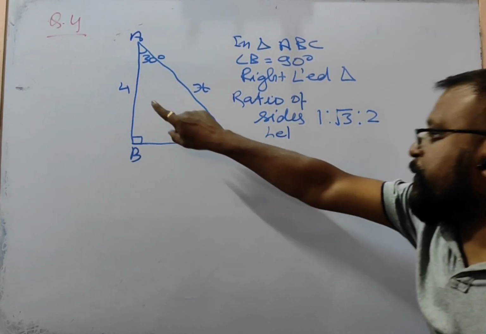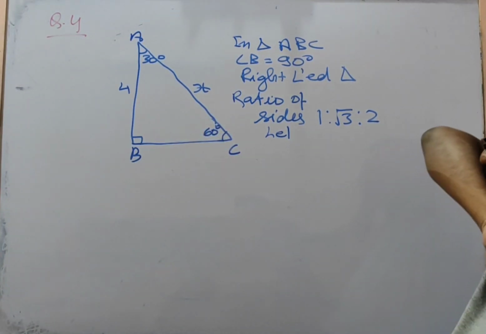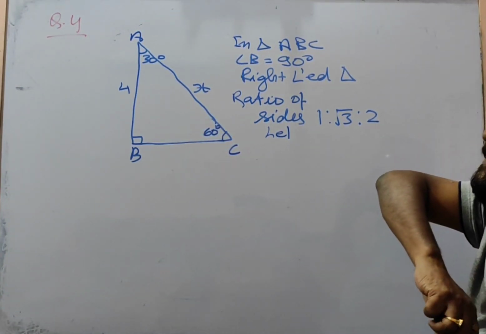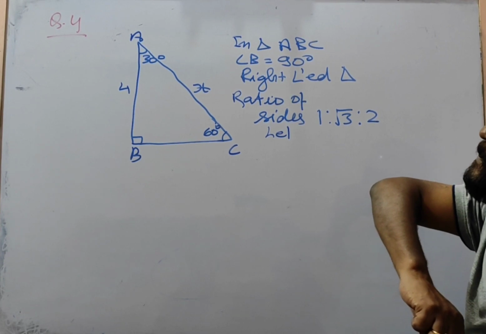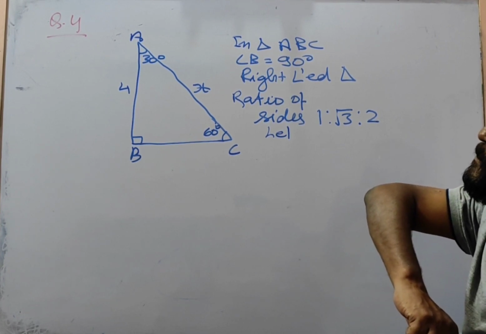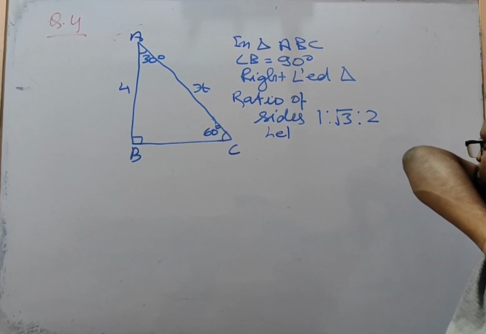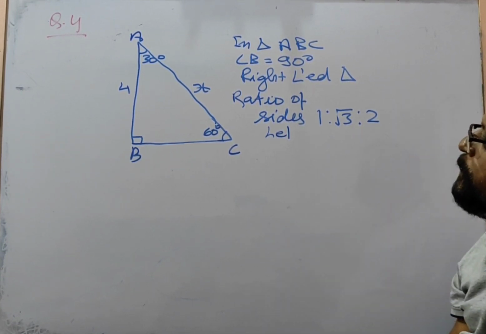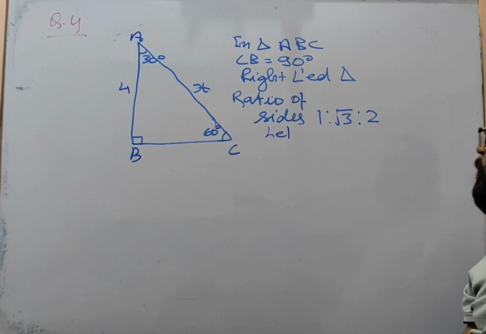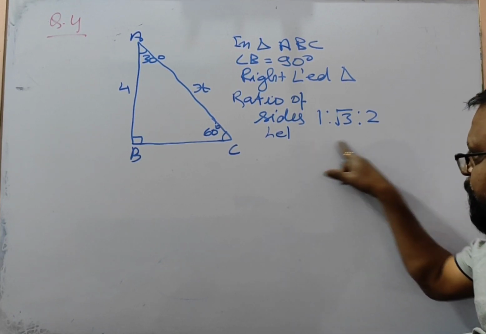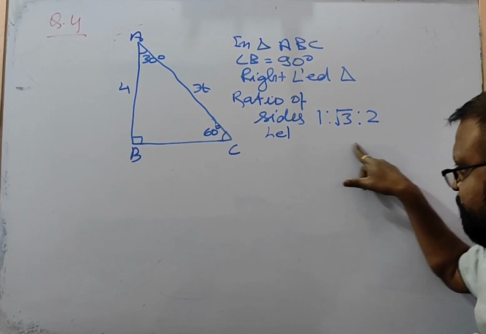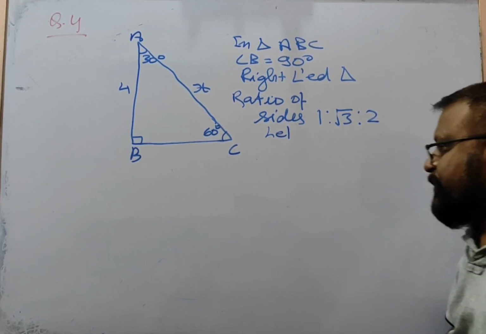Actually, only one side is given, so we have to apply the trick. This is the side that is given to you. Right. This is the ratio of sides. Right.